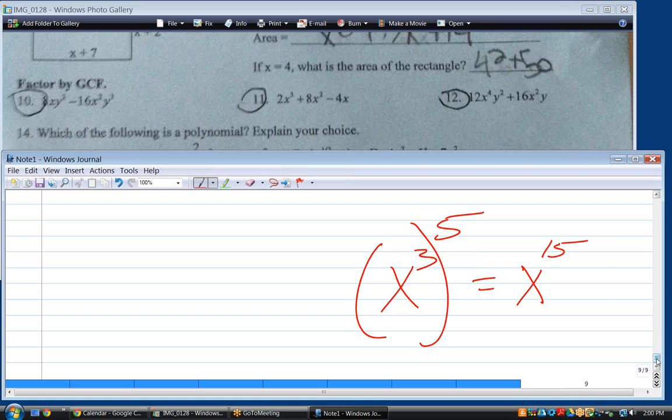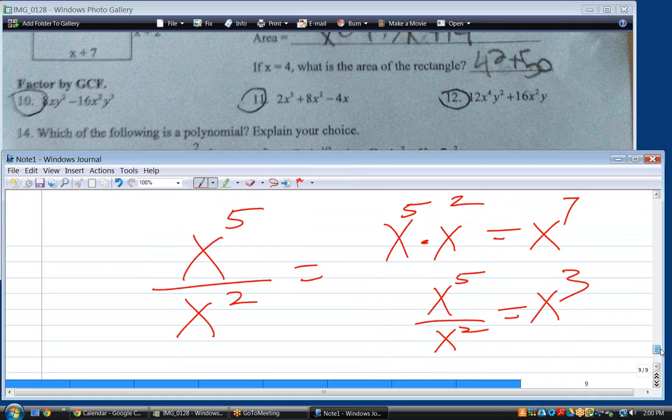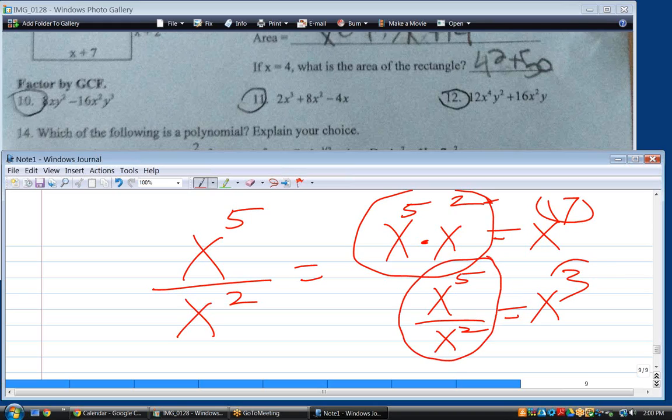Okay. Notice that everything I did was one step mathematically less. In other words, when I was multiplying, I added. When I was dividing, I subtracted. So I'm never doing the same thing with the exponents that I'm doing with the base.